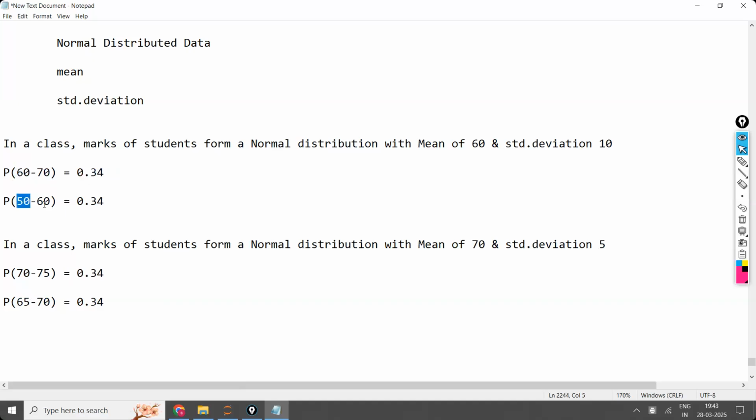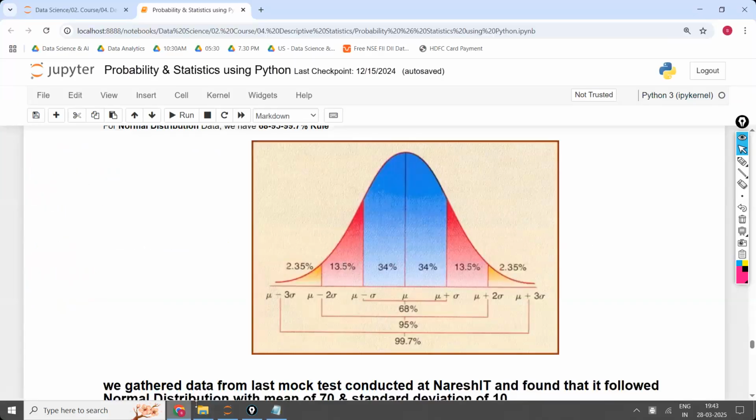Mu minus 1 sigma to mu, 0.34. So on the right side it is 34% and on the left side it is 34% area. So 34% or 0.34 from the probability point of view. Every time it is fixed. That is the reason I showed you 3 examples.